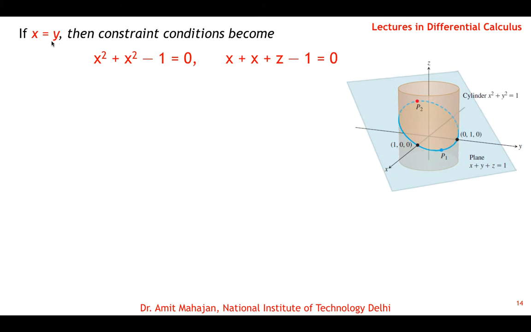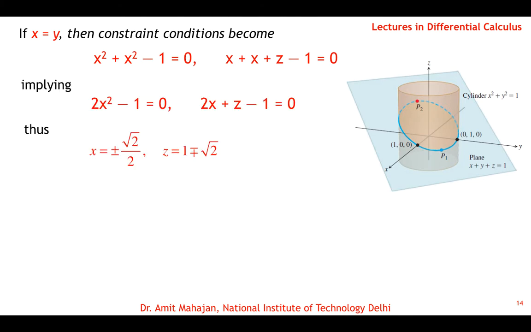For x equal to y, the constraint conditions become this. Immediately I can solve first for x, and then I can substitute the value of x and solve this for z. So x is plus minus root 2 by 2, and for each value of x we can solve this for z. And because x equals y, the y values are the same as x.